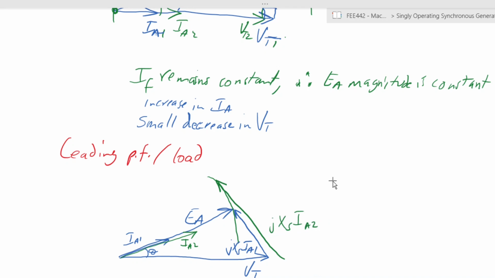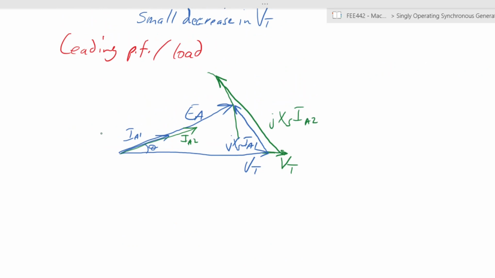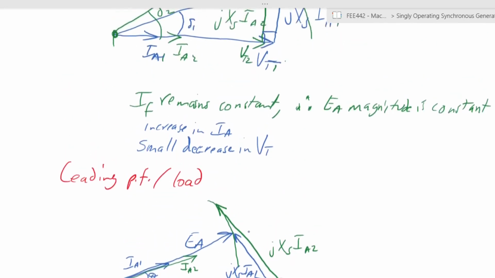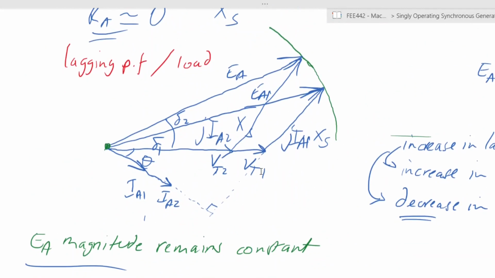So what will happen in this case, what you'll notice is you then have a VT2 that is slightly increased because of a large increase in the current at a leading power factor. So you have an increase in IA leading leads to an increase in terminal voltage. So this is an interesting one. All along the previous two examples, when we had a lagging power factor, when the load increases, your terminal voltage decreases, right?